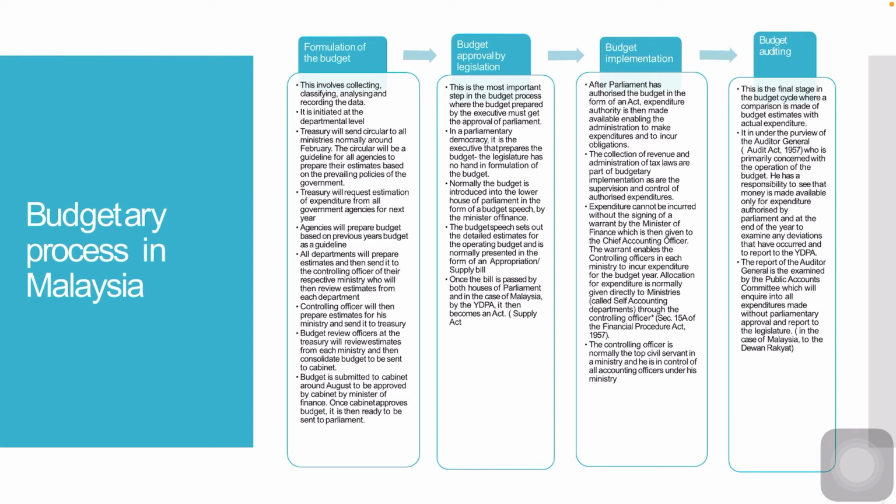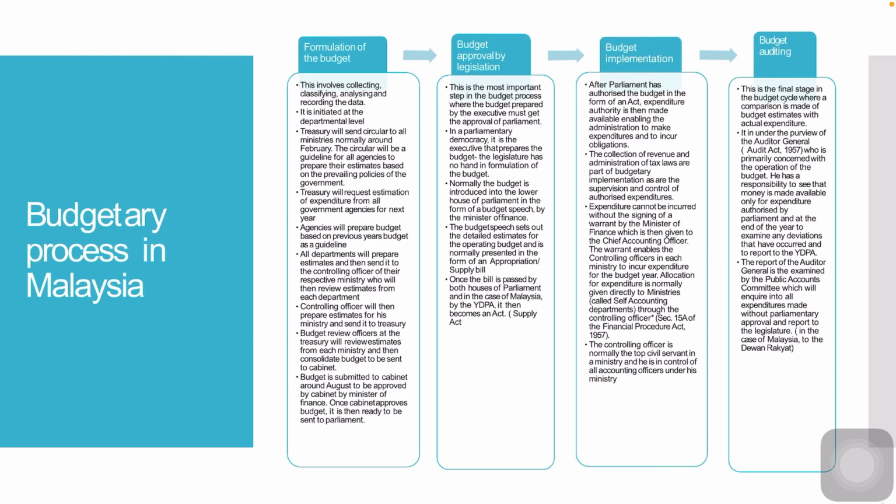So the controlling officer is normally the top civil servant in a ministry, and he is in control of all accounting officers under his ministry. So setiap kementerian ni dia ada dia punya controlling officer. So bawah kementerian dia ada jabatan kan. So dekat dalam jabatan ni pun dia ada dia punya own controlling officer. So controlling officer ni siapa? Controlling officer ni normally the top civil servant in a ministry.